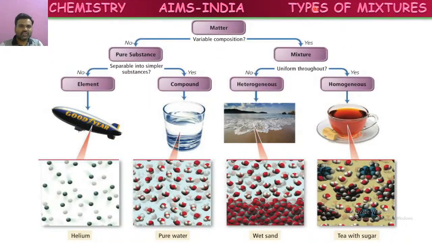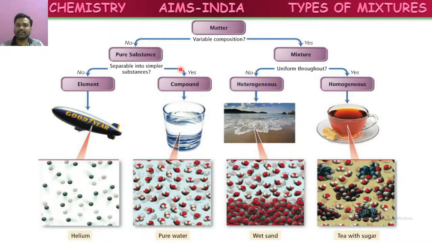So this is a flow chart about the classification of matter. Here we discussed mixtures now. Even we told at the starting about pure substances and impure substances. The pure substance is made up of only one kind of particles. That might be an element or a compound. If it is made up of only one kind of atoms, then it is said to be an element.